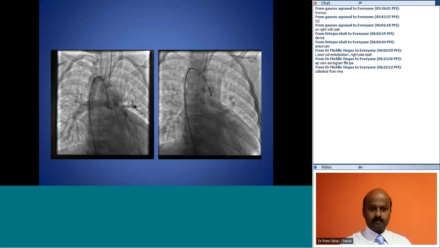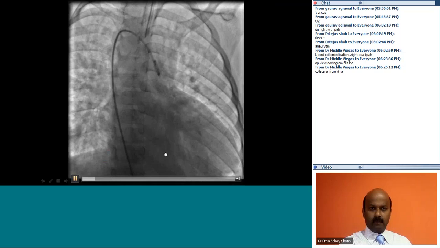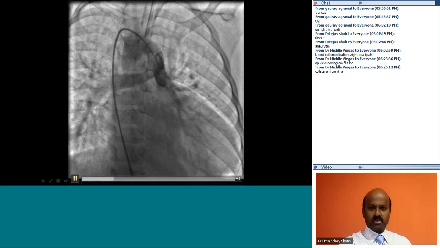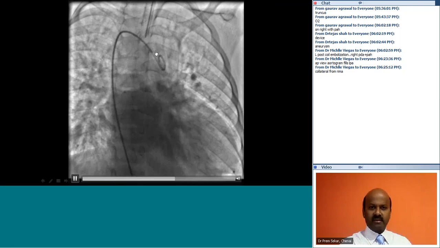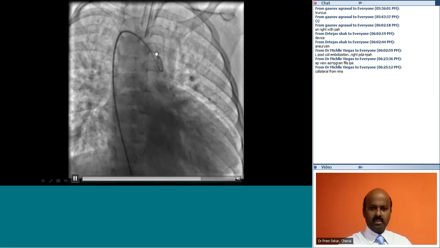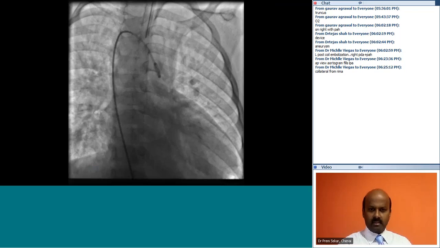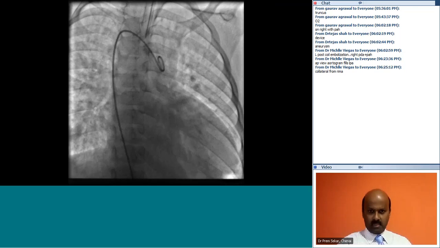This is the same patient. This time the pigtail catheter is in the structure which is coming off from the ascending aorta, distal ascending aorta, and opacifying the pulmonary arterial confluence. Now, what is this structure?